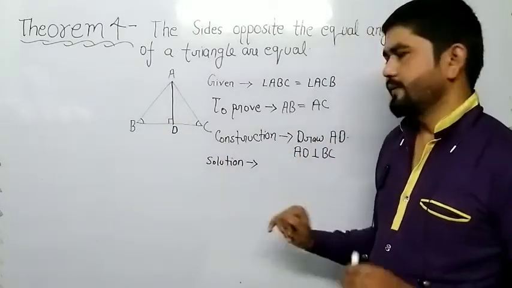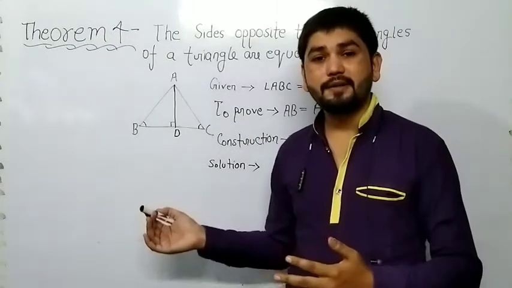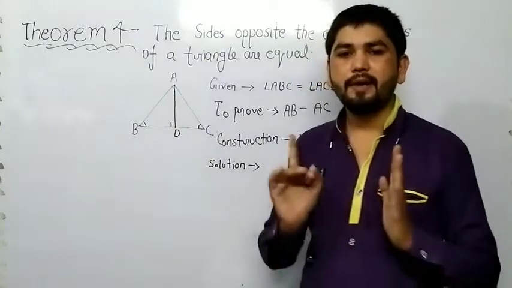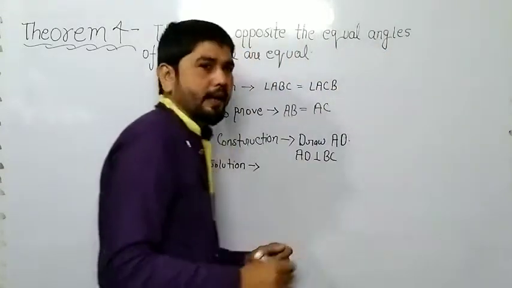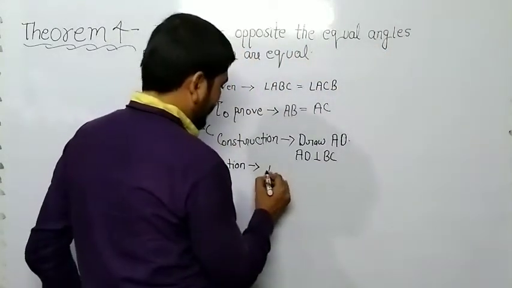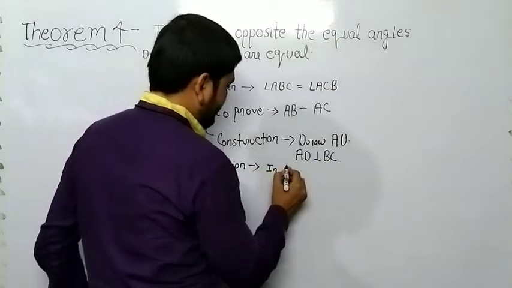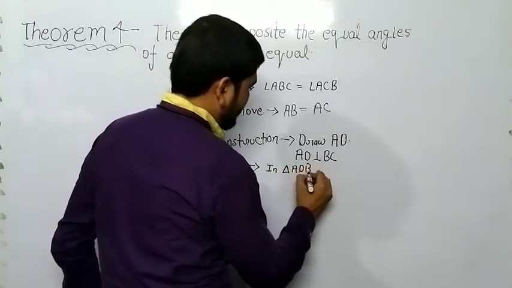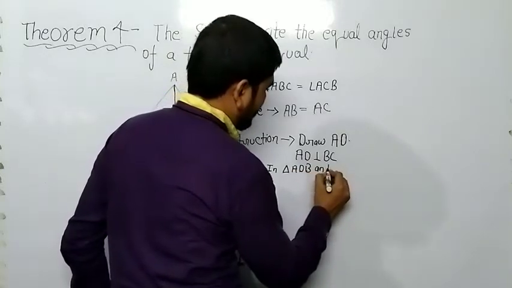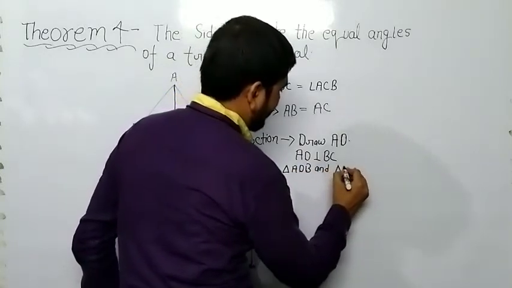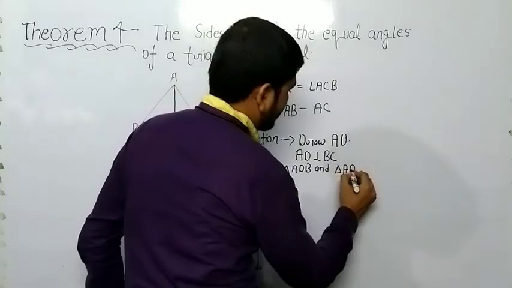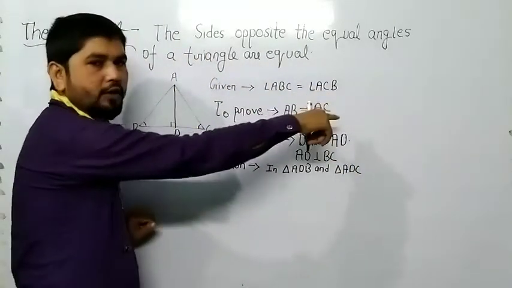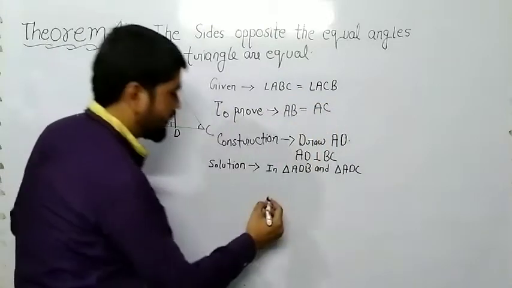Okay, so the solution. Now how many triangles are there, guys? There are two triangles, ADB and ADC. So we will take triangle ADB and triangle ADC. In triangle ADB and triangle ADC, what is the first property, guys? Angle ABC is equal to angle ACB. It is given, so we need to note it down.